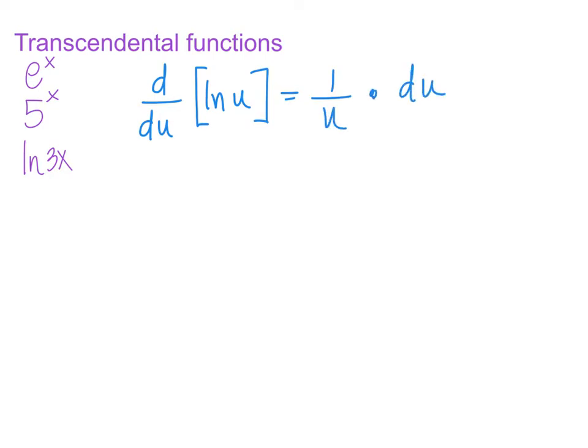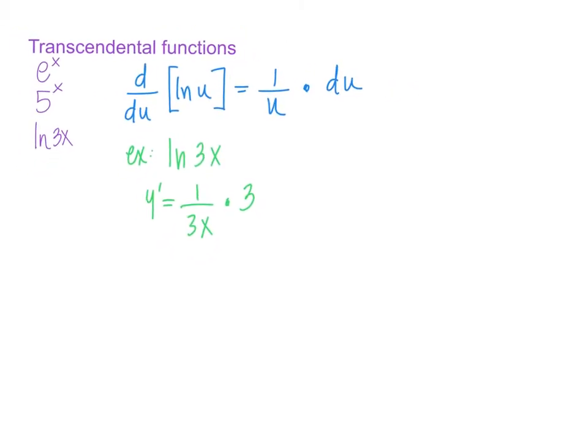An example of that: let's say we need to find the derivative of ln of 3x. The derivative of ln of 3x is 1 over 3x times 3. So this would be 1 over u, du, the derivative of u, which is 3. So there's the derivative of ln.